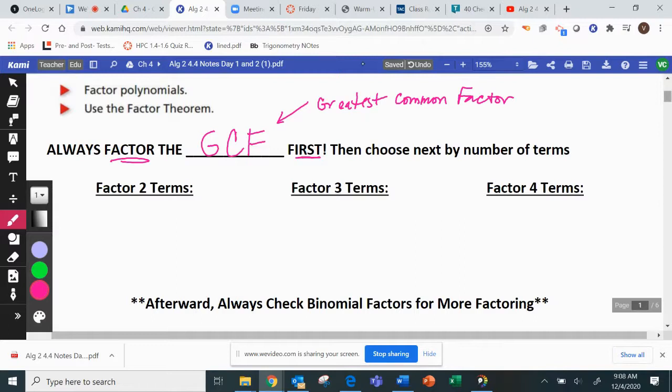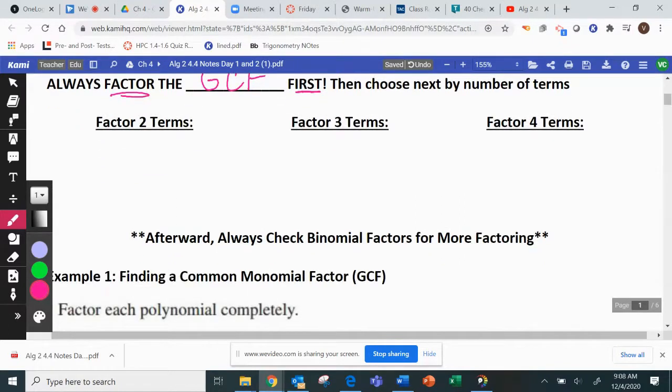If we have 3 terms, this is where we're going to factor by guess and check. This is where we say what multiplies together to give us C. And then what multiplies together to give us AX squared.